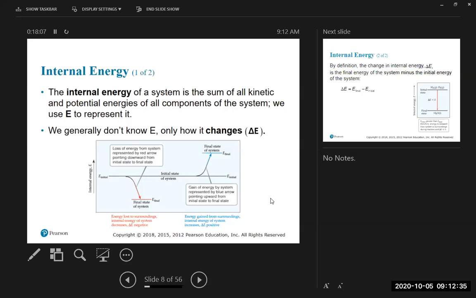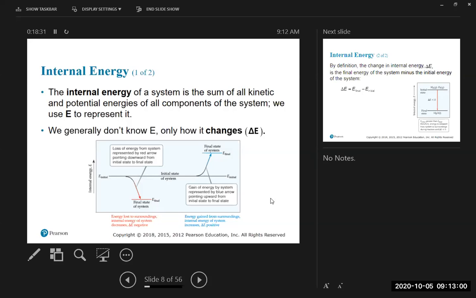And so we look for changes in it. And that's this triangle with an E, so delta E. So whenever you see that triangle in front of it, that means that you're measuring a change. It's not an absolute number. It's we were here and now we're someplace else. What's that difference that we're getting?